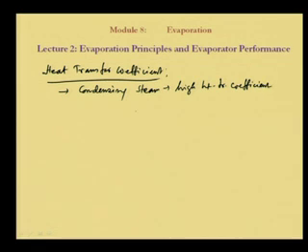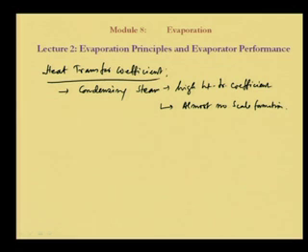Then another point over here is that for condensing steam, almost no scale formation, because there is no solute over there.